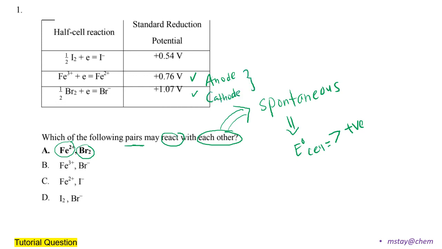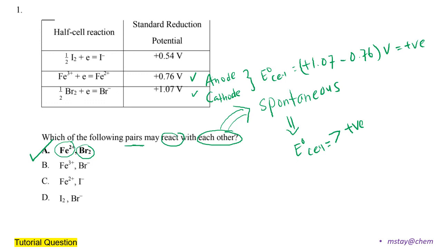So when we subtract, E° cell equals positive 1.07 minus 0.76 volt. Basically, we know that this is a positive value. So pair A is accepted.